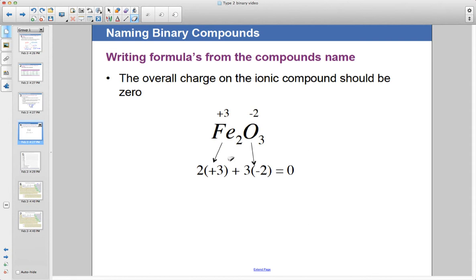So once again, the longer way: we know that this is a 2 minus. It took 3 of those, so 3 times minus 2, or you take the 2 times this plus 3, and everything comes out to 0. So make sure there's always a net overall charge of 0.